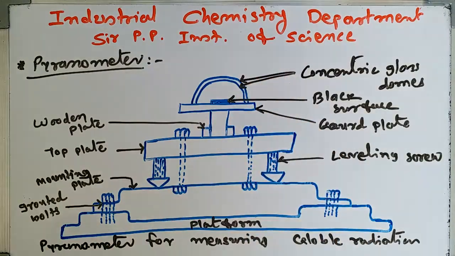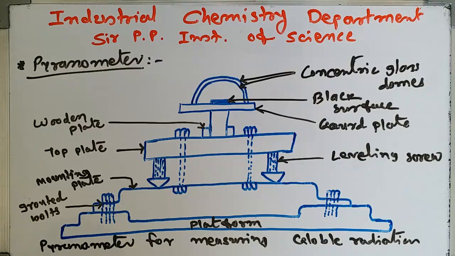Here two concentric hemispheres, one of 30 mm and the second of 50 mm diameter, made of optical glass having excellent transmission characteristics, are used to protect the circular disc. It is an instrument for measuring global or diffuse radiation.